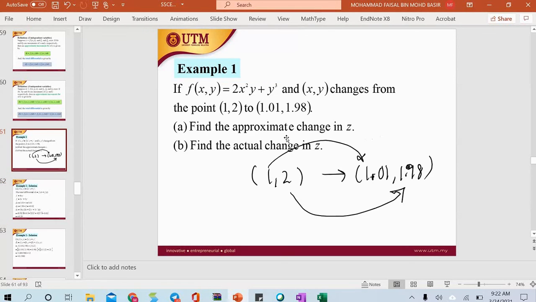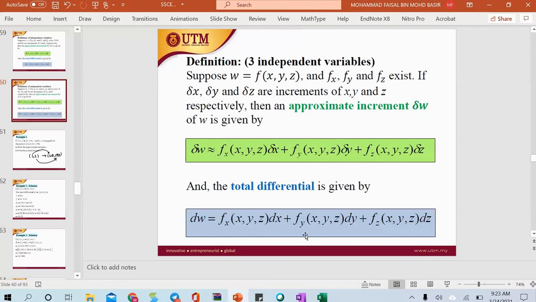So in this manner, the approximate change is nearly the same as the total differential. That's why you can use this formula or that formula, because the only difference is del and d.